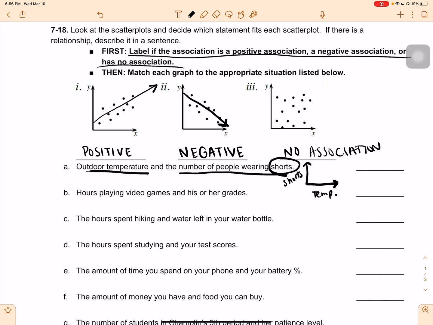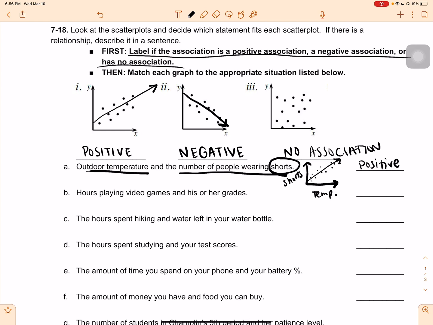As the temperature gets warmer, I would say more people are wearing shorts. And as the temperature gets colder, fewer people are wearing shorts.